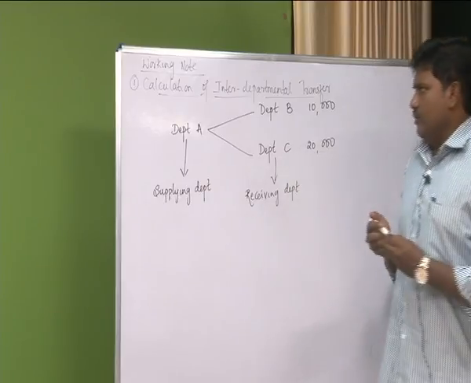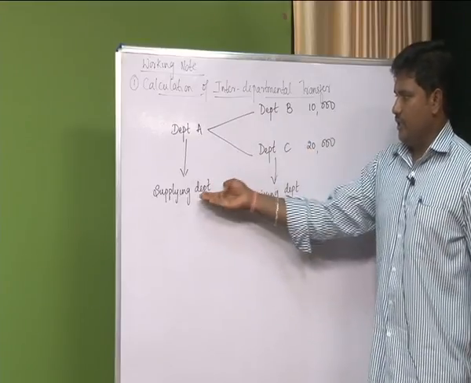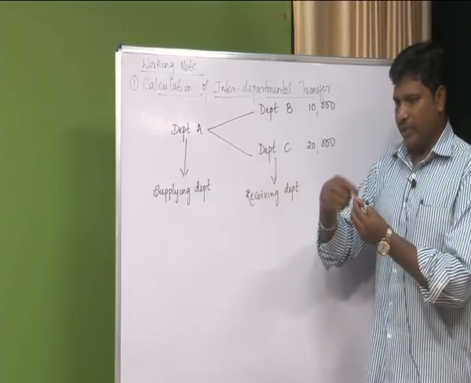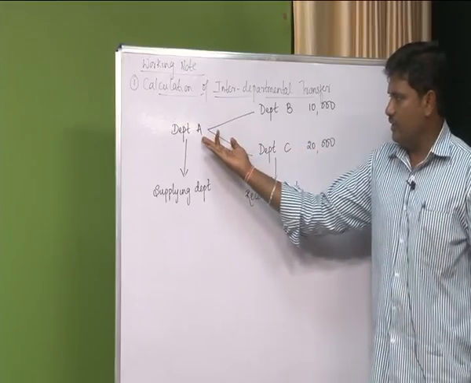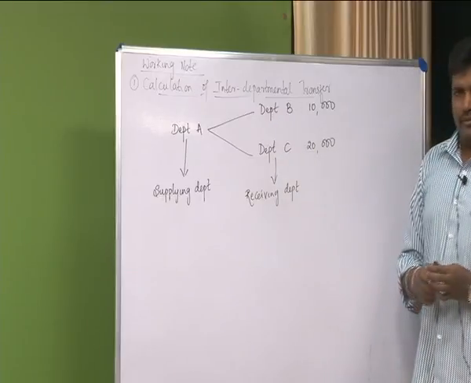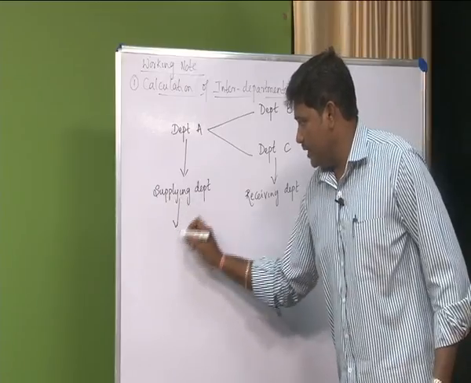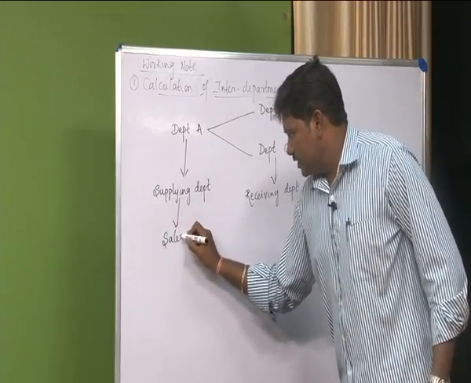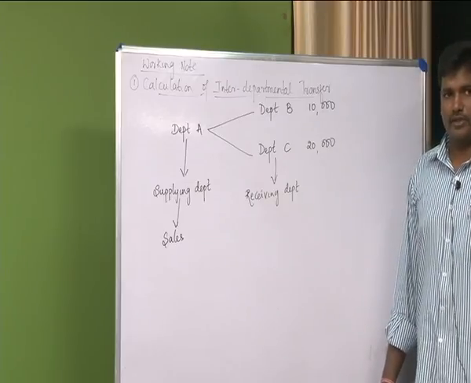Of course, when A transfers the goods to B, A will supply the goods and Department B will receive the goods. For the supplying department, the goods transferred from one department to another become a sale.